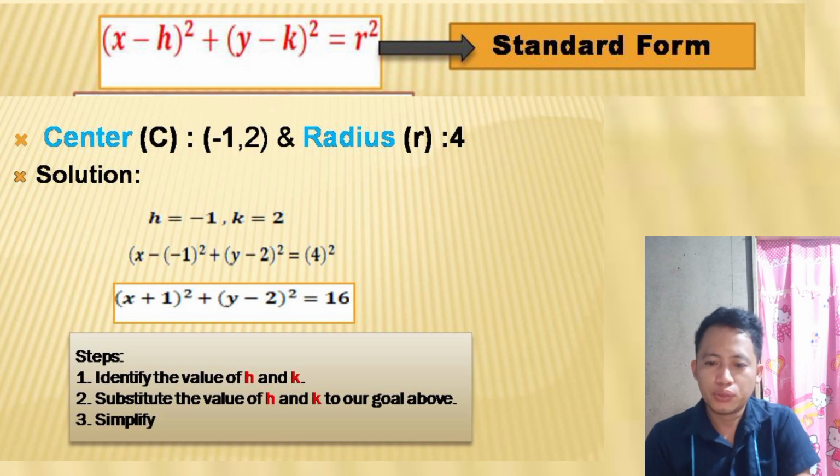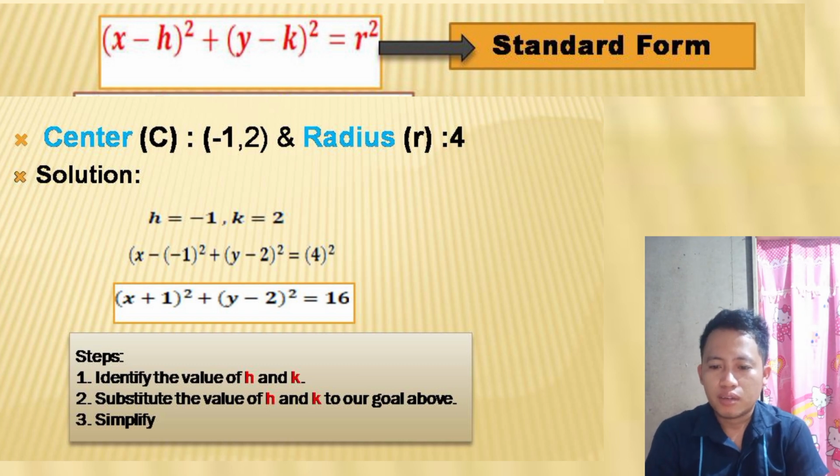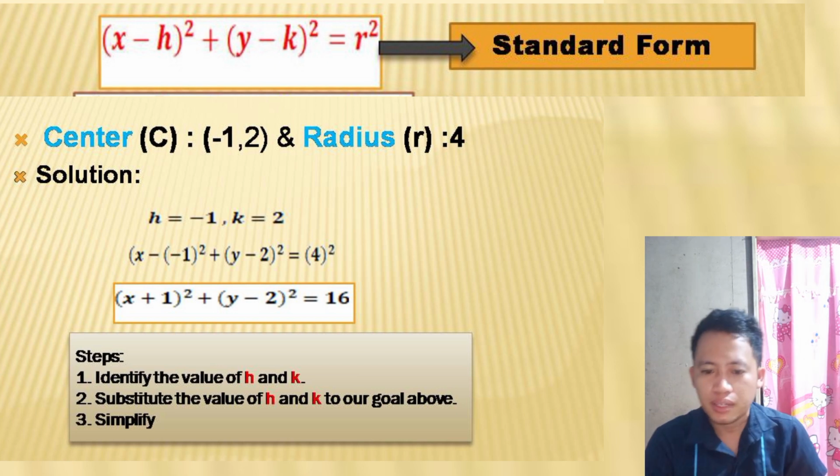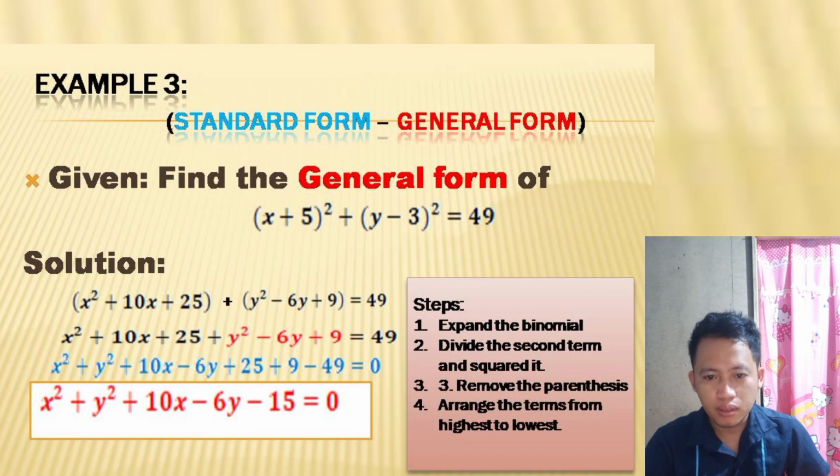What is the value of k? We have 2. So it will become y minus 2 squared equals the value of the radius, 4, so 4 squared. And we have now our final answer: the quantity of (x + 1) squared plus (y - 2) squared equals 16. Understood.